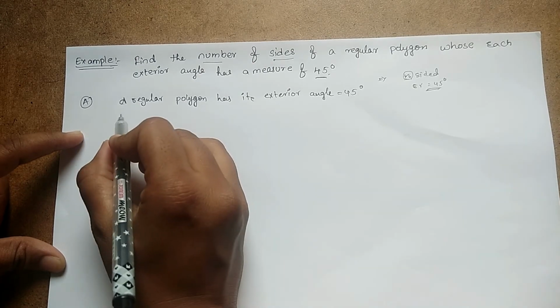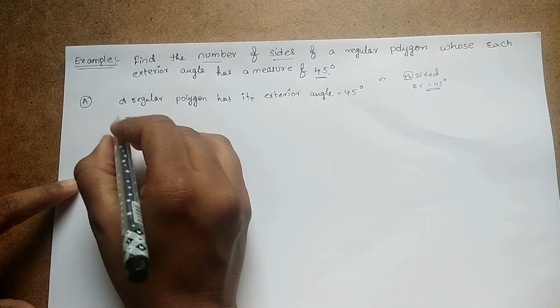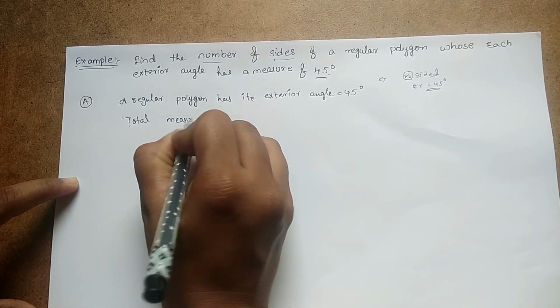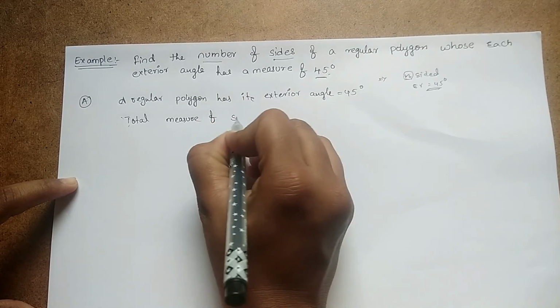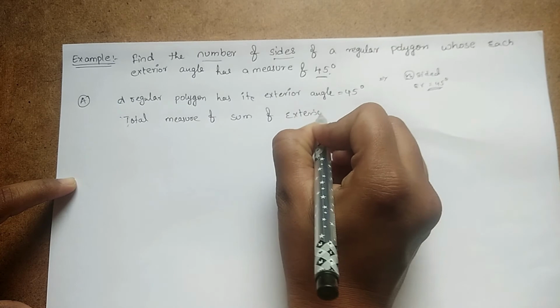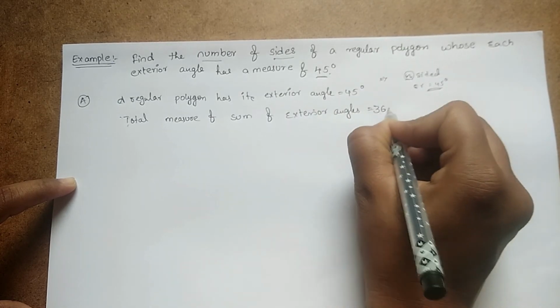But we know the total measure of the sum of exterior angles is equal to 360 degrees.